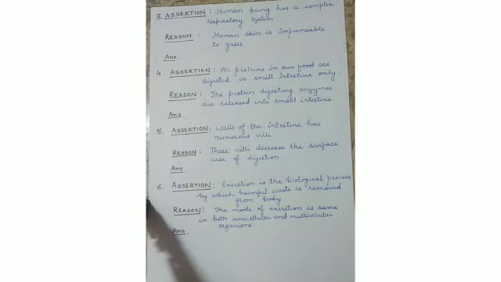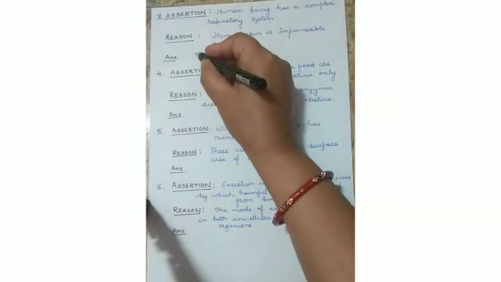But reason for this is not correct because mammals have developed complex respiratory system but mammalian skin is impermeable so that water loss through it is minimized. That is why human skin is impermeable to gases. So it means assertion is right and explanation for that reason is wrong. So your answer is code C.